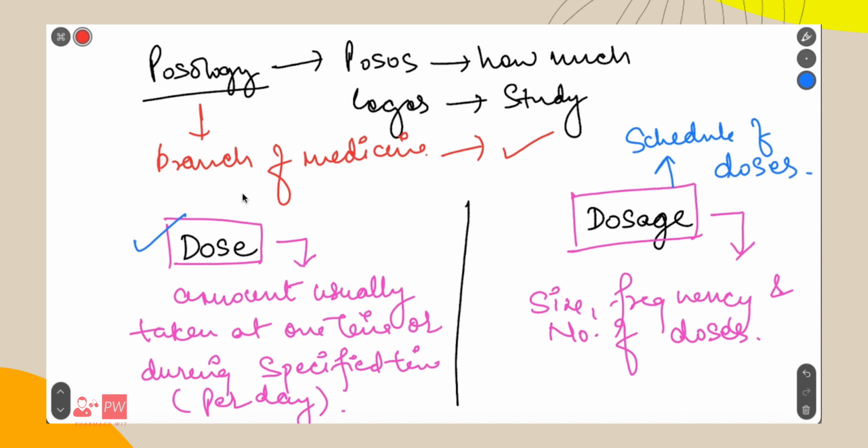The term dose and the term dosage have slightly different connotations. The dose refers to the quantity of drug, and dosage implies the treatment duration and cumulative effects.